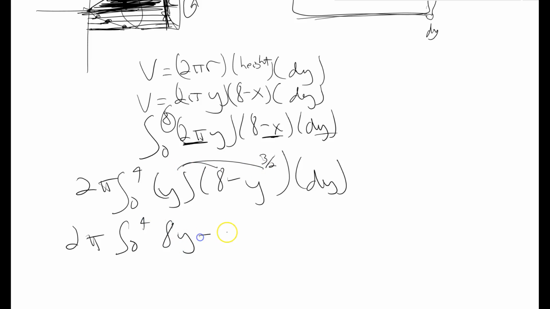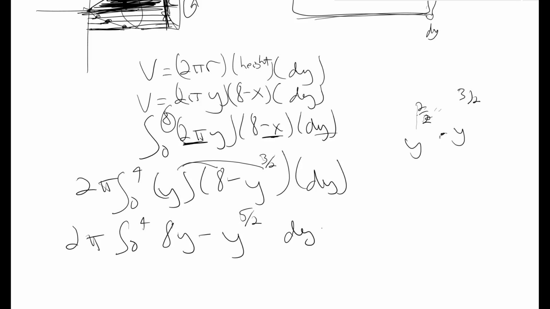So 8y minus y to the, now think, this is y to the 2 over 2 times y to the 3 over 2. And you're going to add exponents, right? So that becomes 5 halves. Okay, cool. dy.